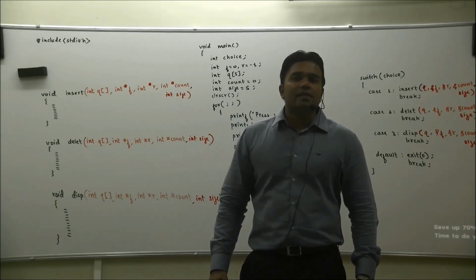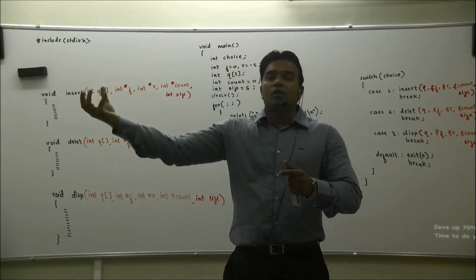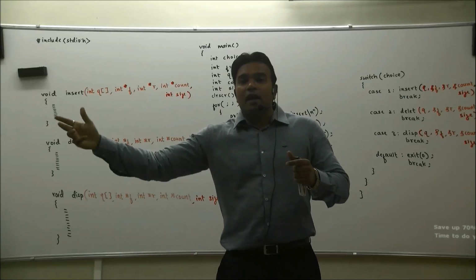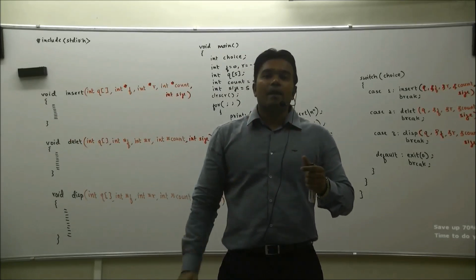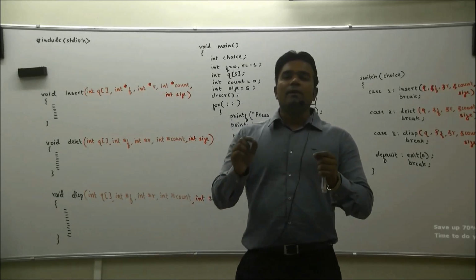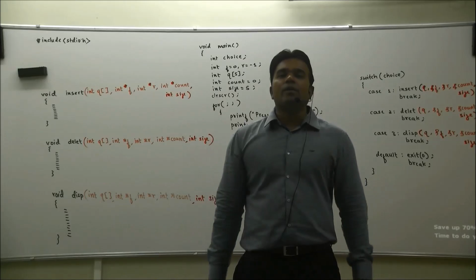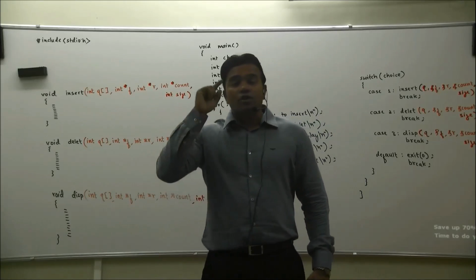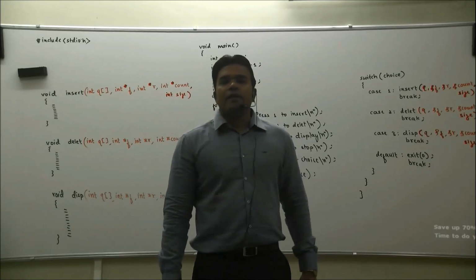Example, size. If I want to pass parameters whose values will get altered, and that altered new value should get reflected back to me, I will use pass by reference, or in other words pass by address. That is what should be your mature answer. I hope it is clear.